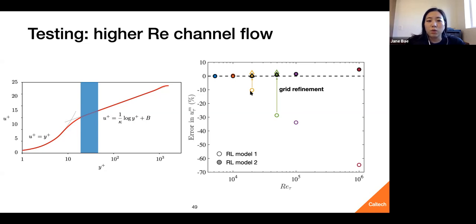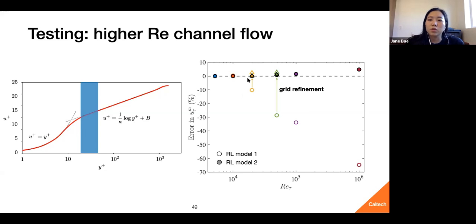So one way around that is to basically refine the grid to make sure that where you train on and where you test on is similar. But that's not always feasible. So you can't always expect to be able to refine and make sure that your testing data aligns with your training data.